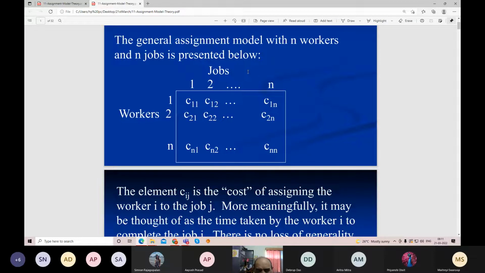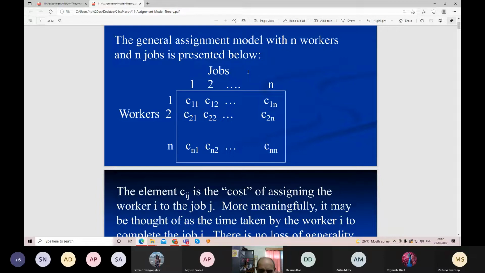In the assignment, if you are assigning the ith worker to the jth job, the variable xij will be either 1 or 0. If you are assigning, it is 1, and if you are not assigning, it is 0.